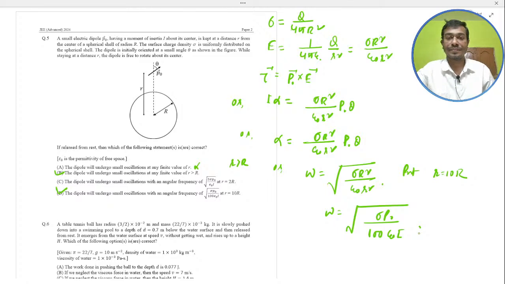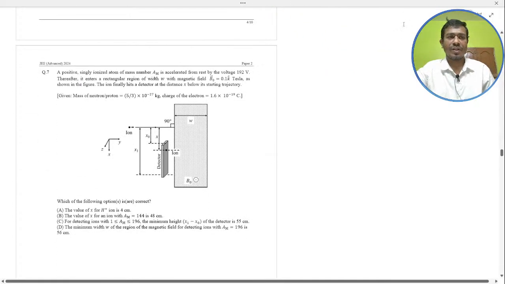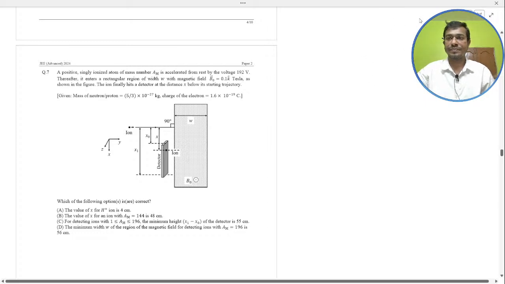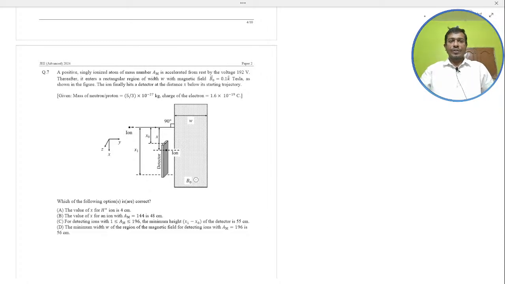Next question. Question number 7. Long question but short answer. A positive singly ionized atom of mass number m is accelerated from rest through a voltage of 192 volt.